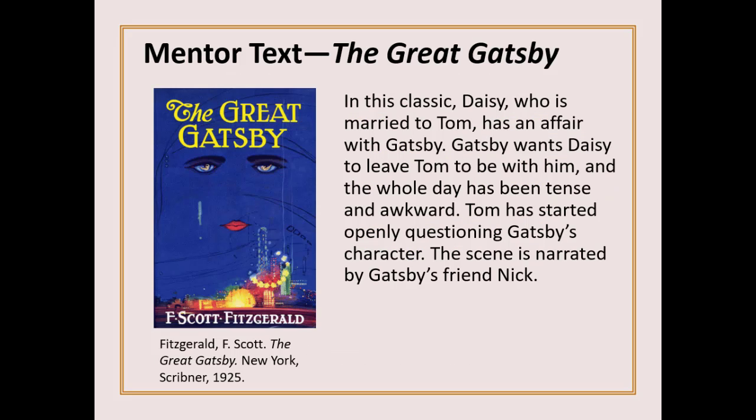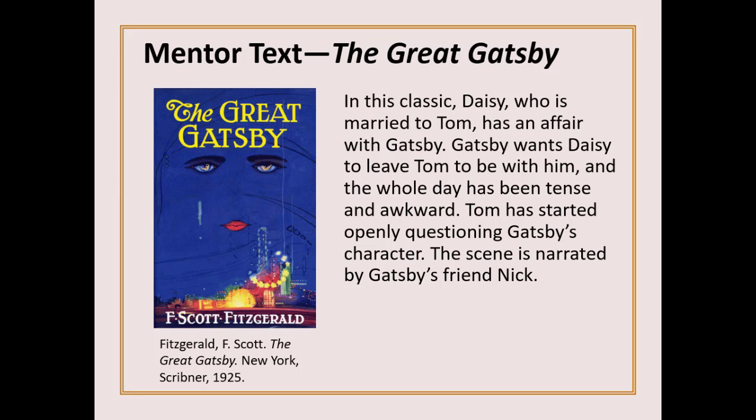Our next example comes from the classic novel The Great Gatsby by F. Scott Fitzgerald. And this excerpt is from chapter 7 in the novel. And the setup for this is Daisy is married to Tom, and Daisy has an affair with Gatsby. Gatsby wants Daisy to leave Tom to be with him, and the whole day up till this point in the story has been very tense and awkward.